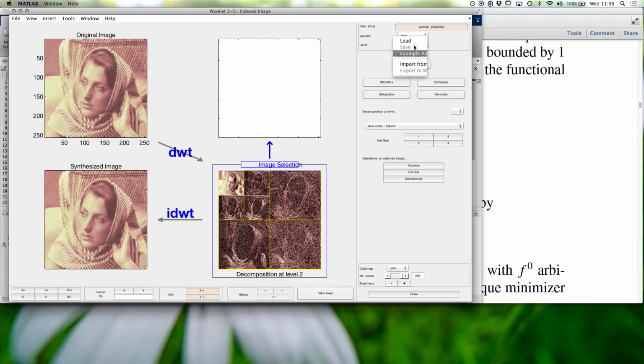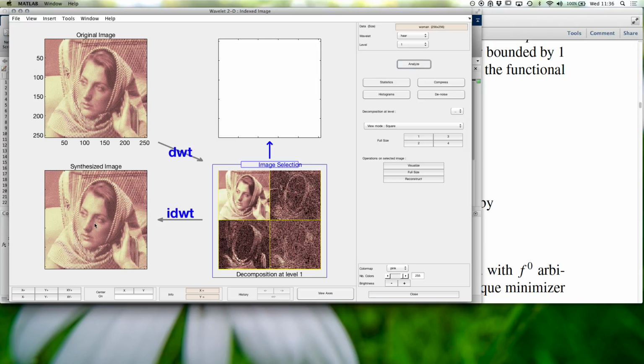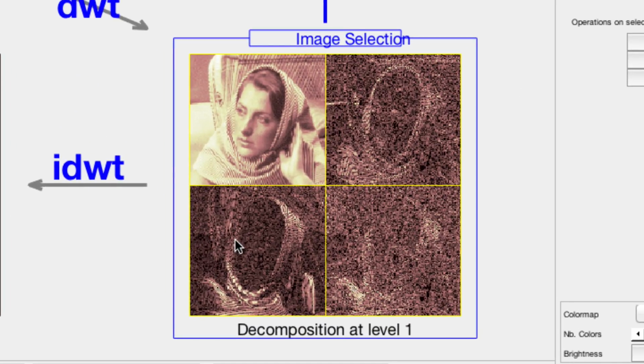And now what changes is, if I take only one level, now we have four things here. Previously in 1D we had the low pass part and we had a detail part. So two things. Here we have four things. That's because we do the low pass filter and detail horizontally and vertically in the 2D case.